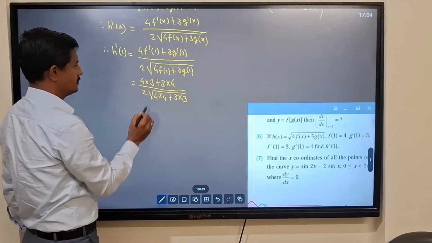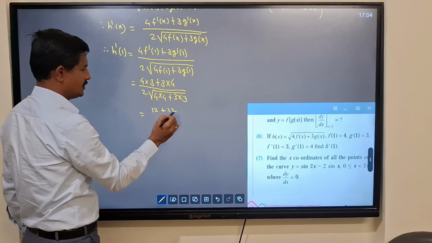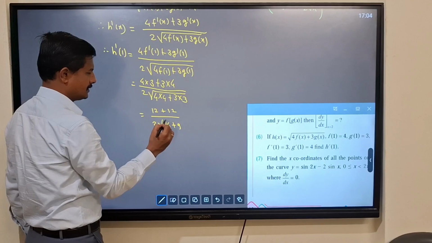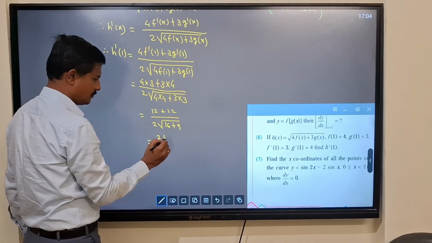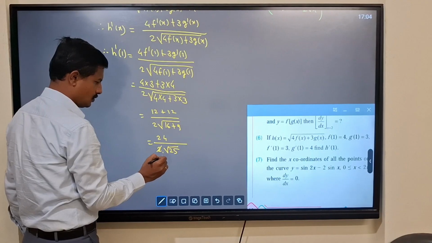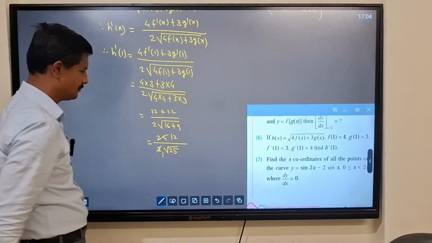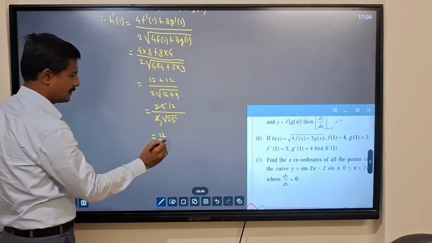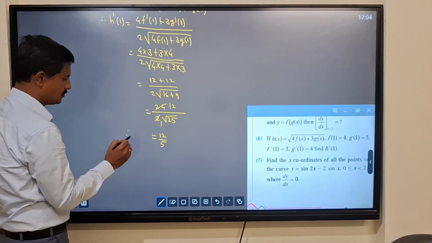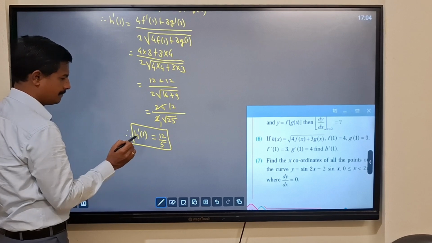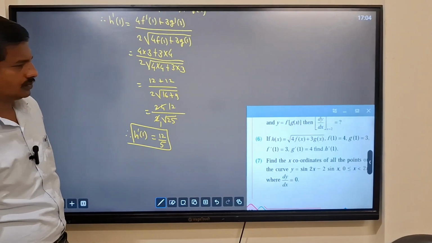Now see, this becomes 12 plus 12 upon 2 root 16 plus 9. This becomes 24 upon 2 root 25. 2 ones are 2, root 12 are 24. This becomes 12 by 5. Square root of 25 is 5. Therefore, h prime of 1 is 12 by 5.